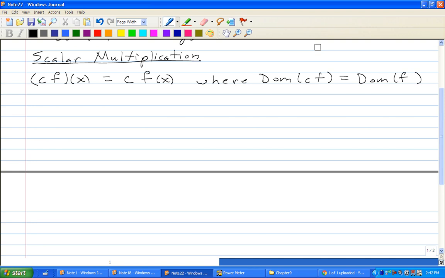So let me define the additive identity. I'll define the additive identity, the 0 function, as being such that at any point x, the function is just equal to 0, for all x.